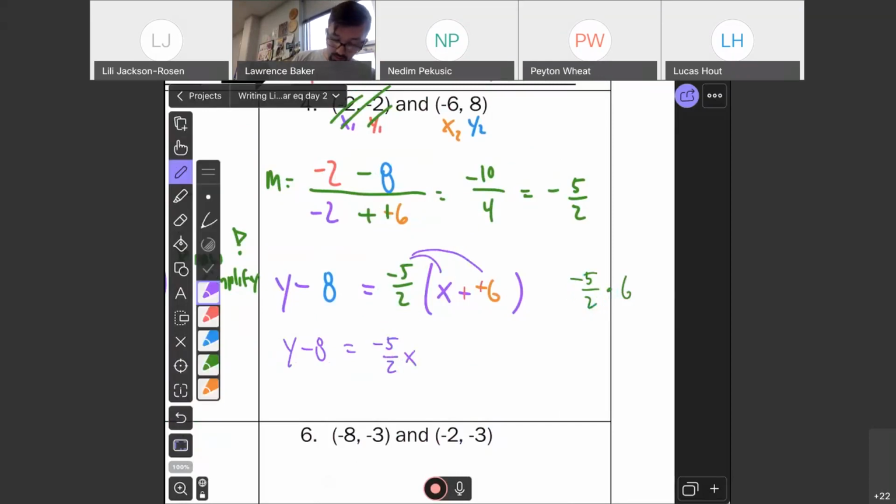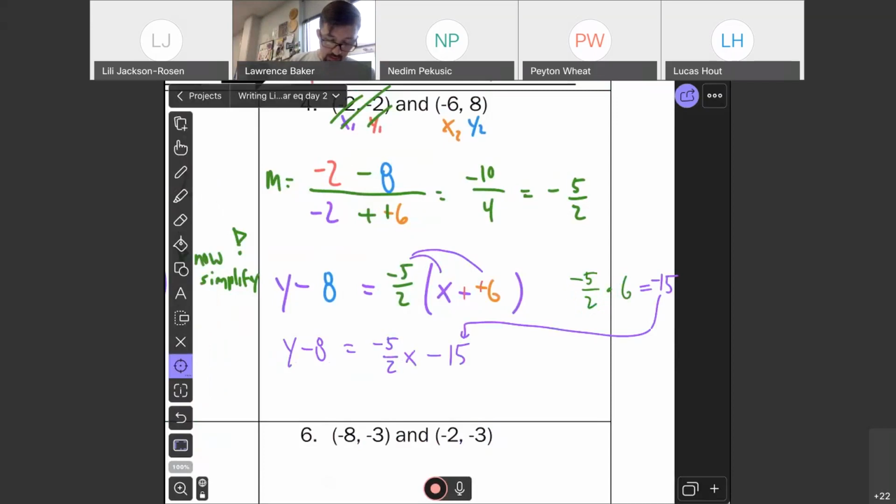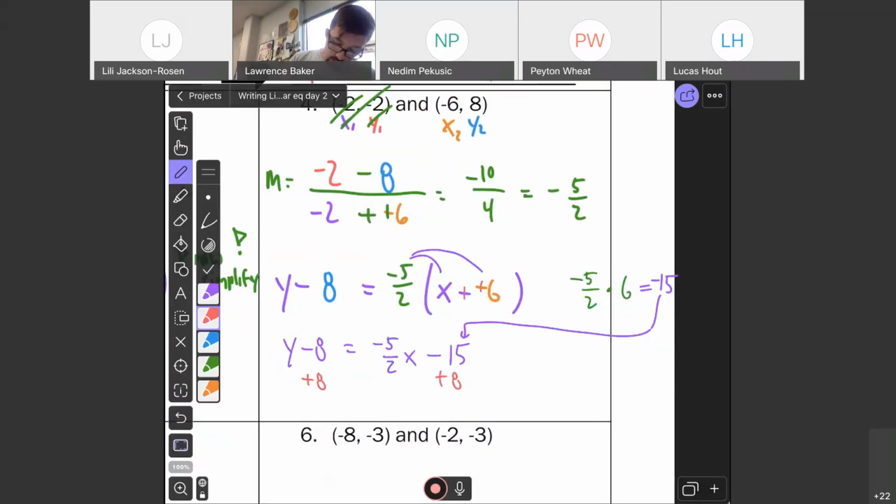So I have negative 15. Again, just using that trick that I've talked to you guys about, how to multiply fractions times whole numbers. And then we want to get that 8 over. So I get y equals negative 5/2 x, and that'd be negative 7.